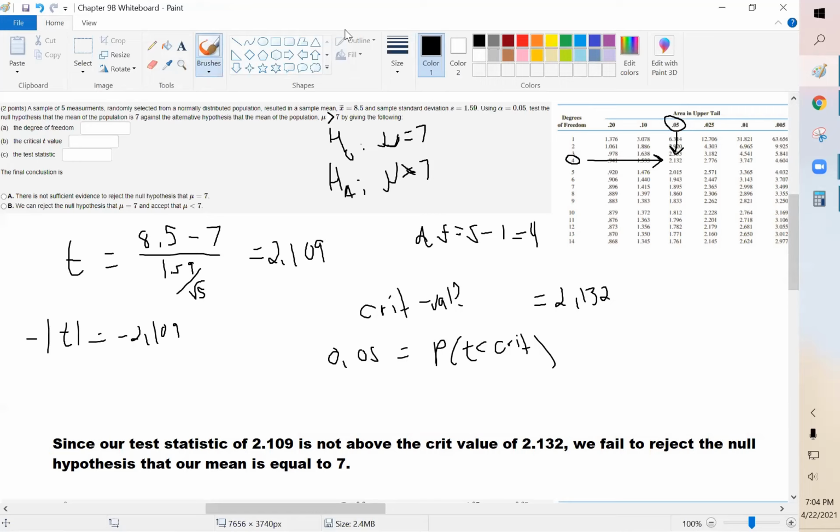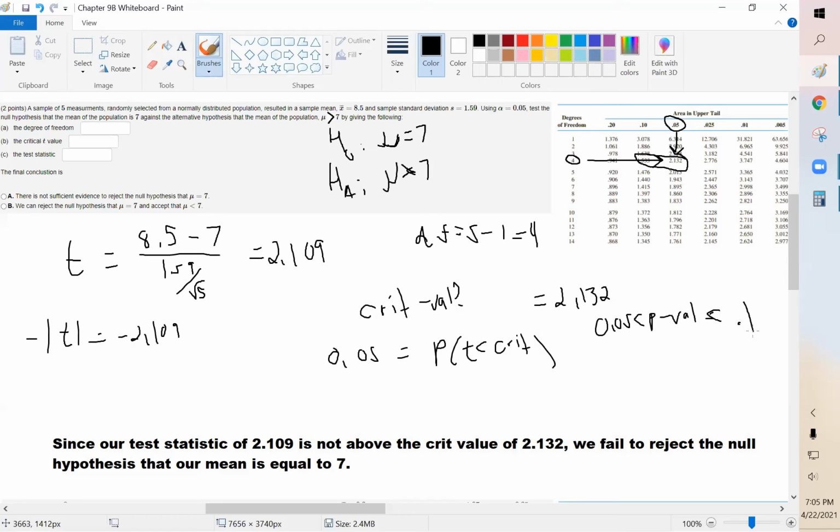What you would do is you would notice that your t-score is 2.109. So we can say our p-value, we have 4 degrees of freedom. It's somewhere in between these two. So we'd say our p-value is higher than 0.05, but less than 0.1.